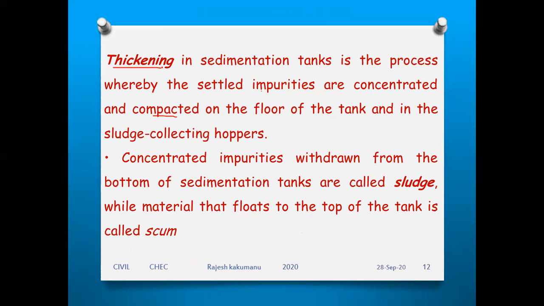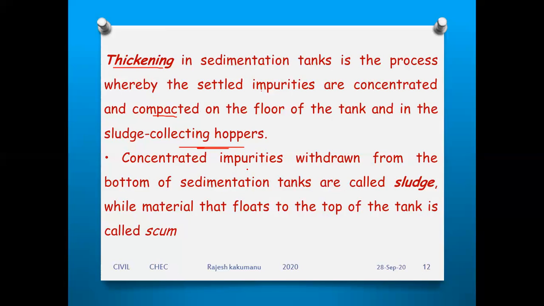So in the sedimentation tank, whatever settled impurities are at the bottom of the tank are compacted, coming together, the big forms are brought together and form a compact form on the floor of the tank, and another place is in the sludge collecting hoppers. So in the sludge collecting hoppers also this sludge is forming there.